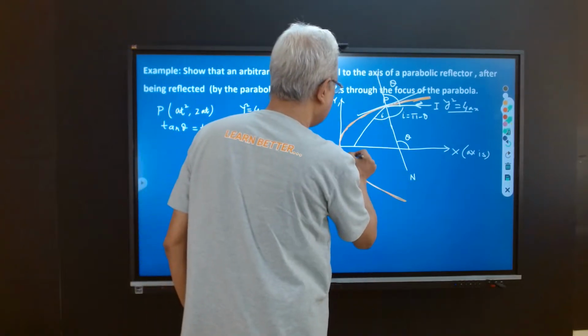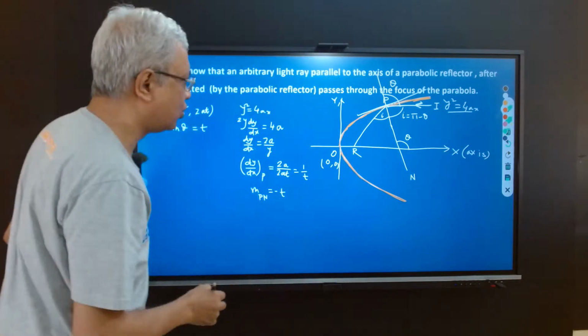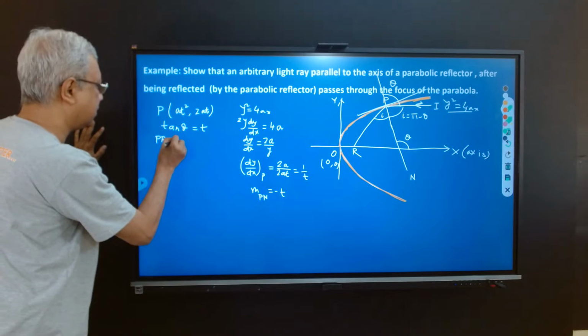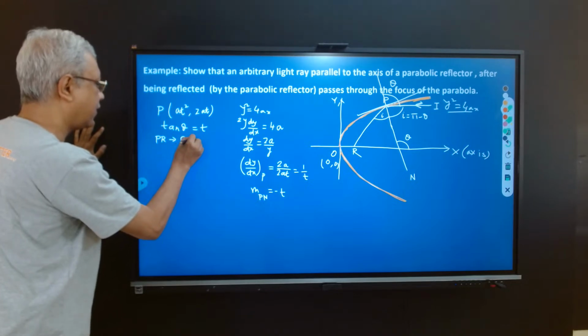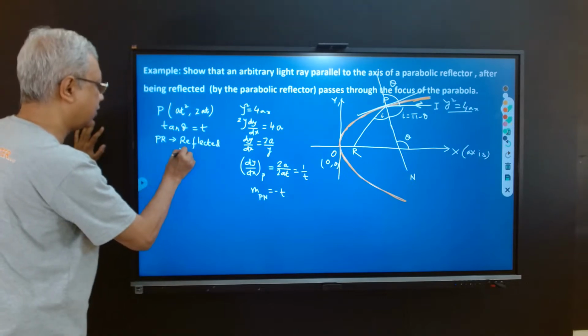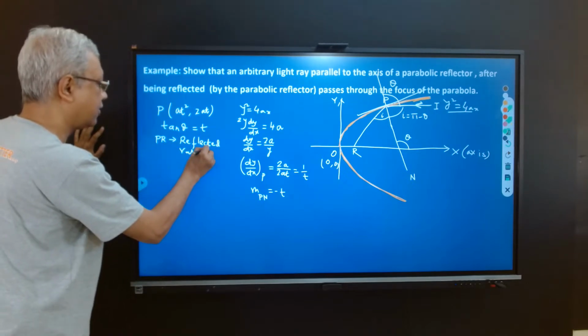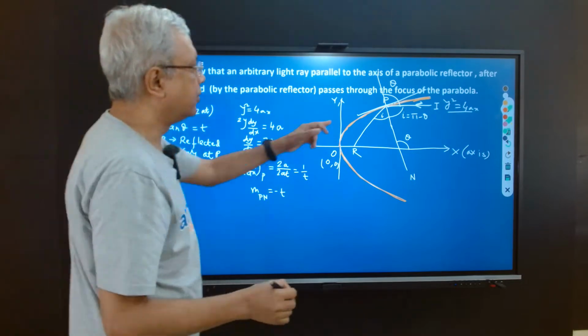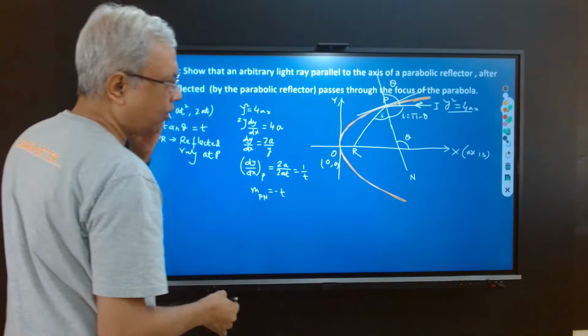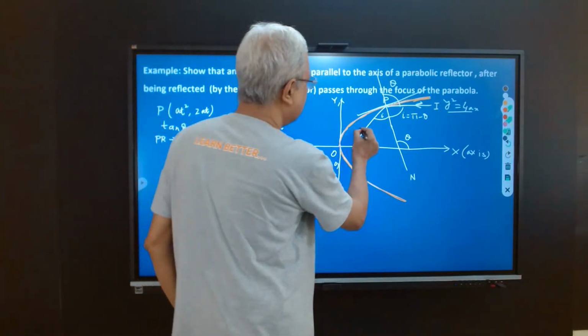This is R. So PR is the reflected ray at P. So this is the incident ray and this is the reflected ray.